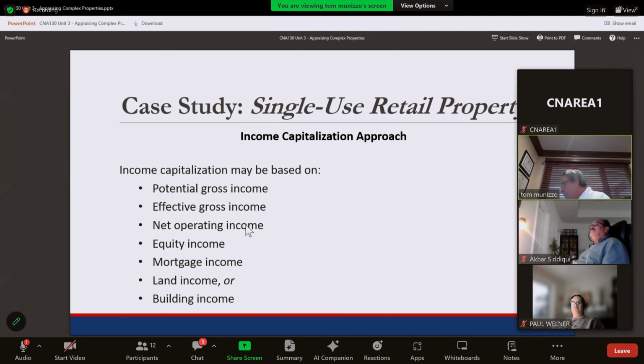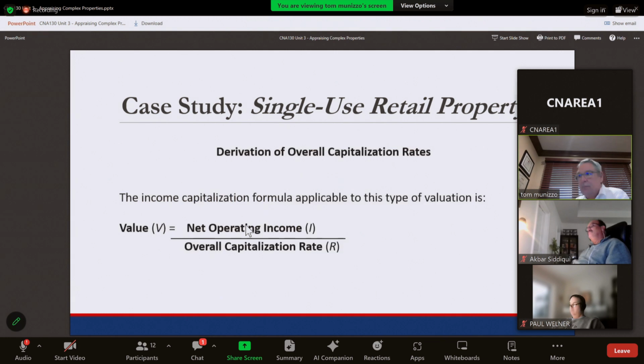So you'll notice right here, and also on page 82, that the formula for how you develop the overall capitalization rate is value equals net operating income divided by the rate.